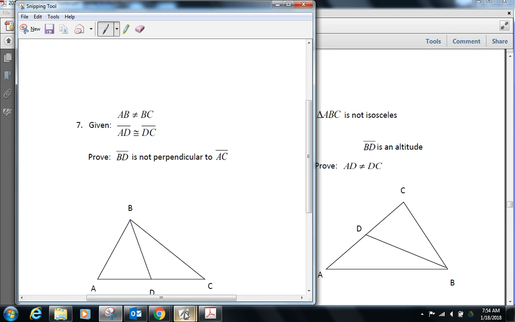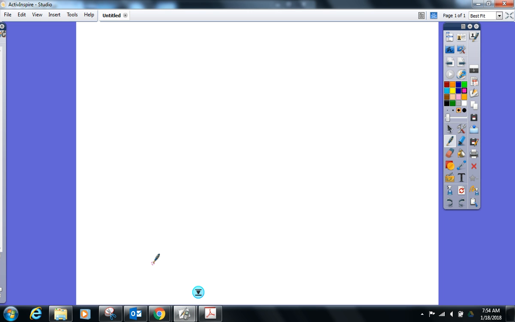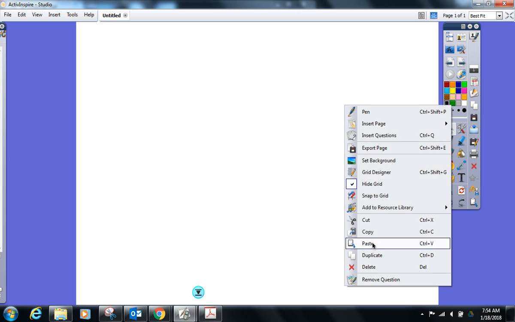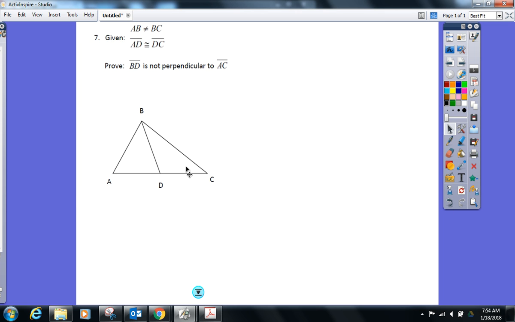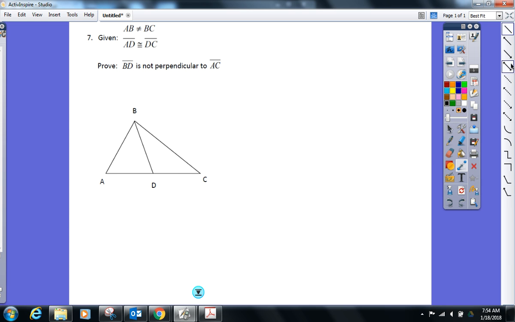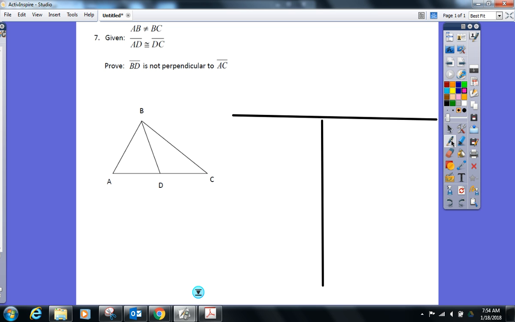With you guys anyway, this is the second time I've reviewed this type of proof. Looking at the givens, what type of proof is this? Indirect proof. Yep. Definitely a possibility come Monday.